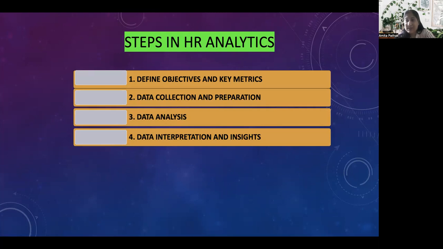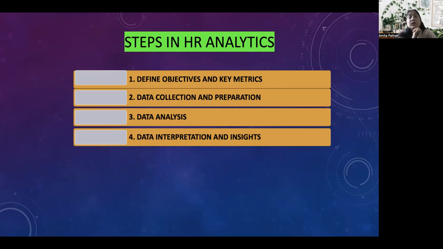Data is the same, but I am interpreting data in different formats with different views. Because when I interpret the data, my analytical mind will analyze it and look for different insights, what my data is telling me. Is my data telling something or not? So data interpretation means interpreting the same data from different perspectives.